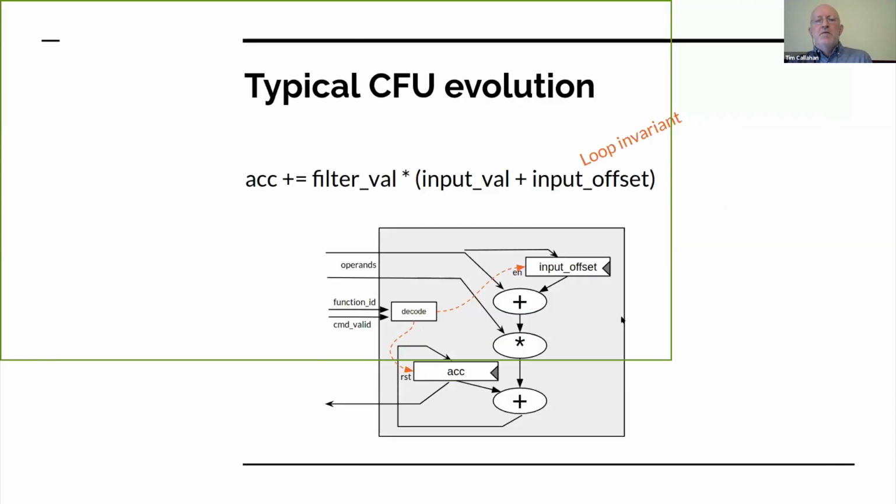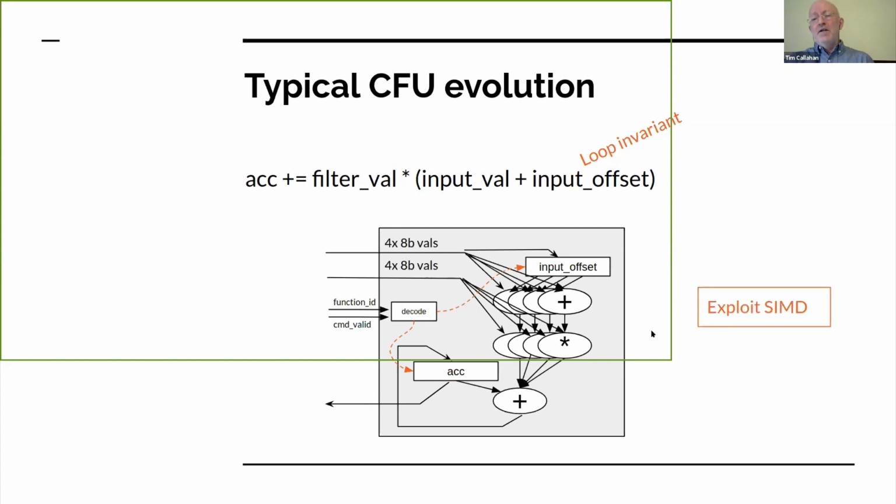Okay, so that's our starting point. Like I said, the first step is relatively easy, but then you realize, well, wait, these are 8-bit values. Why am I pulling an 8-bit value out of memory one at a time, putting it in a 32-bit register, moving that into my custom function unit? Why don't I just pull the entire 32 bits of 4 values and just hand that directly to the custom function unit?